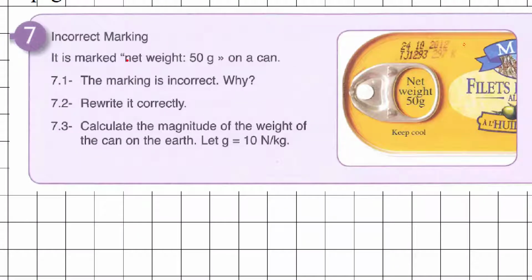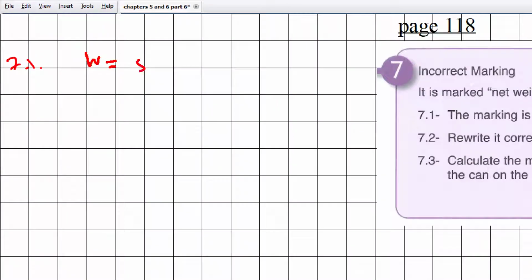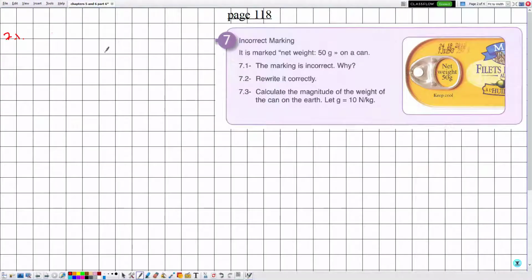So this is the marking, which means that there's something wrong with this marking. So notice that here we have weight, and they gave me the value of the weight, which is equal to 50 grams. So if you want to say that weight is equal to 50 grams, what is wrong with this is that the quantity and the unit are not in agreement, because we know that 50 grams corresponds to the mass and not the weight.